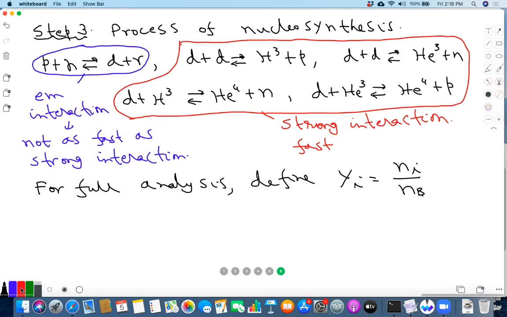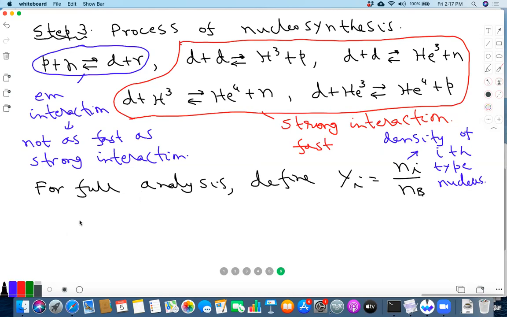So Ni is the density of ith type nucleus. So that could be protons and neutrons themselves, right? We can also think of them as nuclei, a generalized version of nuclei, or it can be any of these: deuteron, helium, hydrogen 3, helium 3, helium 4, and so on.